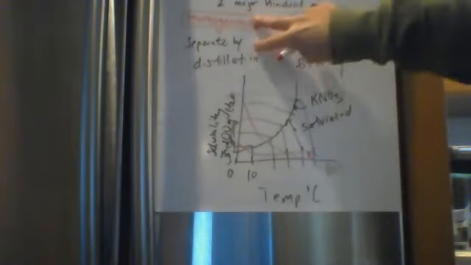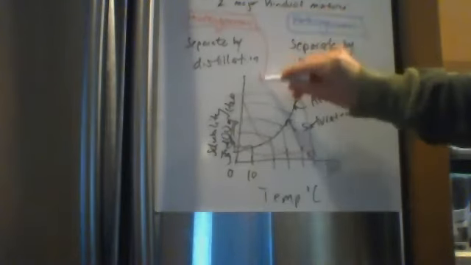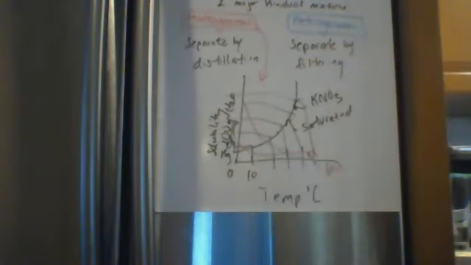You have the homogeneous one that you can separate by distillation. And for homogeneous mixtures, they have different solubilities, or different amounts that can dissolve, based upon the temperature of your solution. Okay, so on Monday there will be questions about solubility on the Google form. Today's is mostly about separation of mixtures.